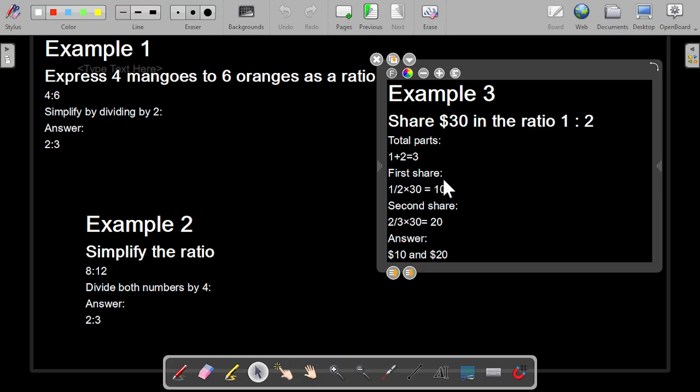Now, first share, you are going to take the first ratio, and this is 3.